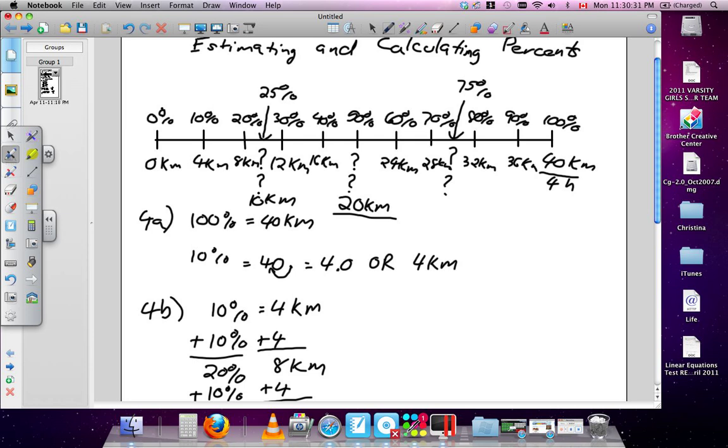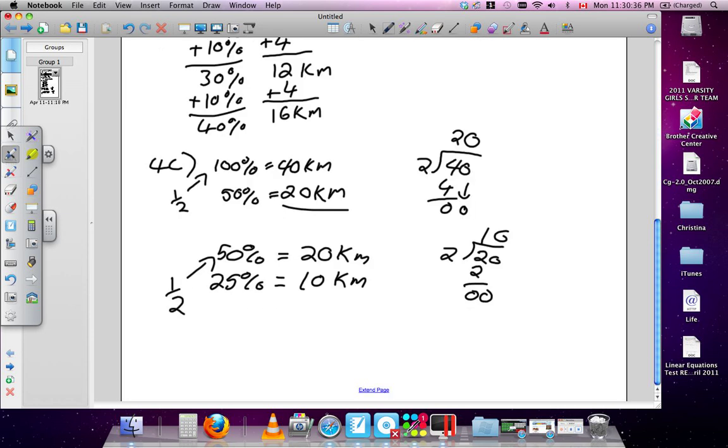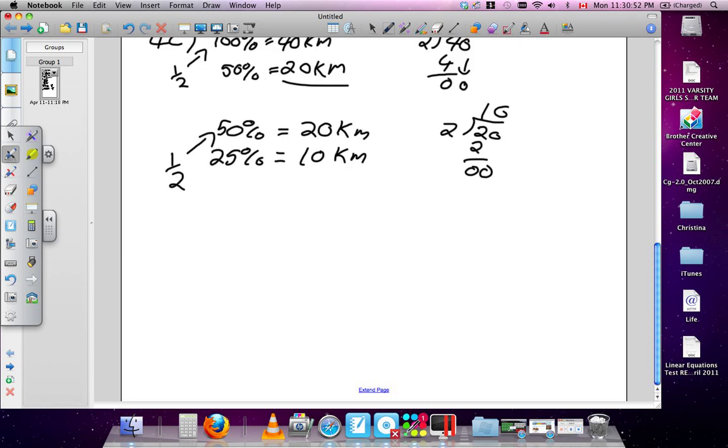Now here's the tricky part, the 75%. Now, 75% can be compared to 50. Think of it like adding. Actually, you know what we'll do? I'll get rid of this 50 down here. We'll just go back to the original question. So I have my 50 and my 25. I know how much 50 is, and I know how much 25 is. If I add 50% plus 25%, that gives me 75%.